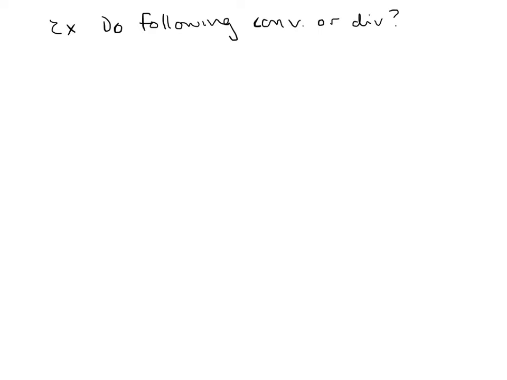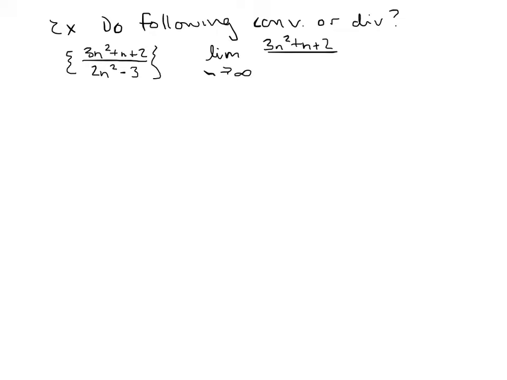Let's look at, first of all, the sequence 3n squared plus n plus 2 all over 2n squared minus 3. Let's take the limit as n goes to infinity of 3n squared plus n plus 2 all over 2n squared minus 3.